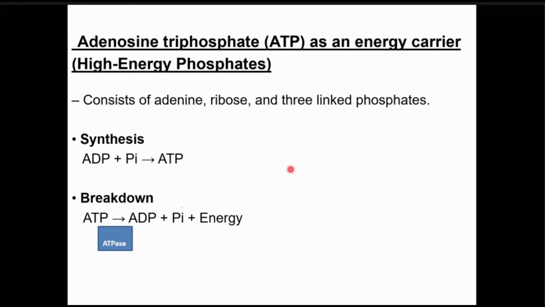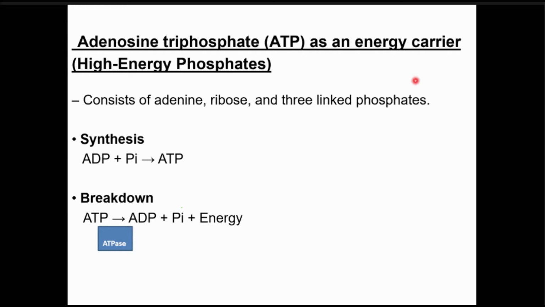So now in these slides, we are talking about adenosine triphosphate as an energy carrier, and we call it high energy phosphates. Adenosine, T for tri, it means 3. Phosphate is phosphate. So it's an adenosine, and you add to it 3 phosphates. Energy carrier means it carries something. So what carries the energy?